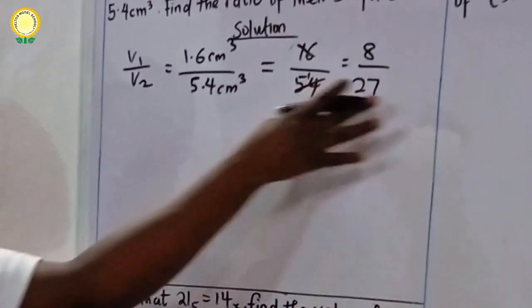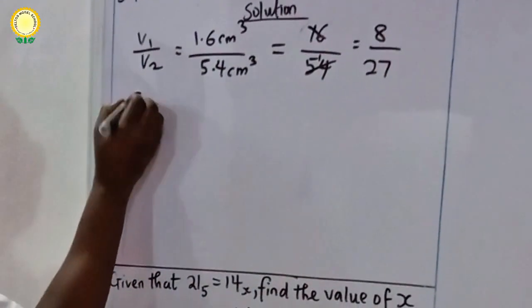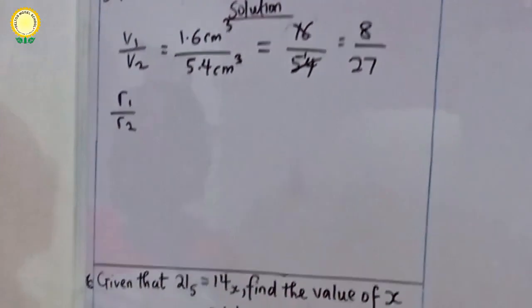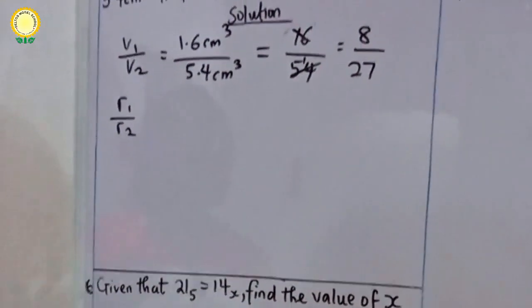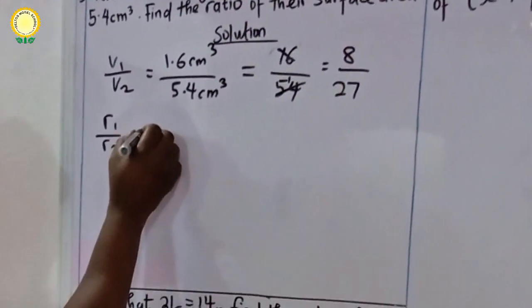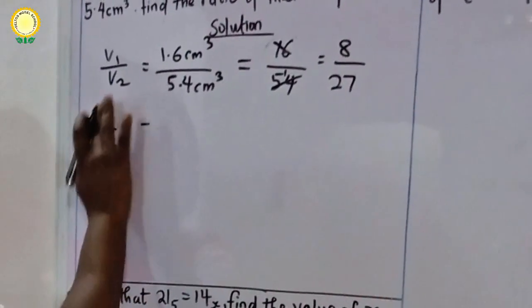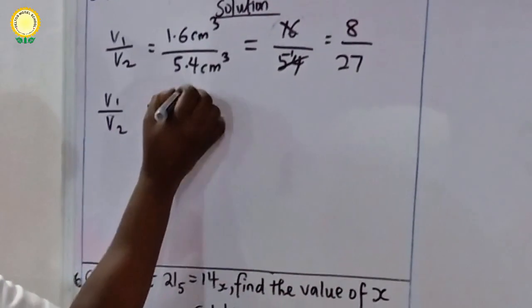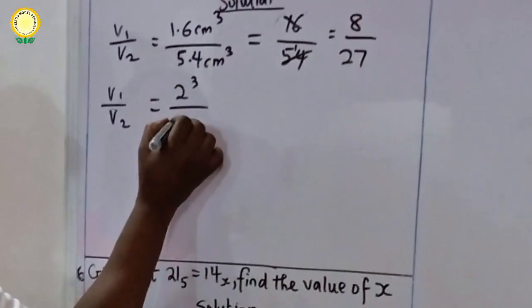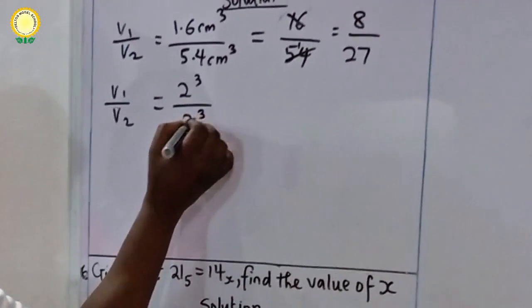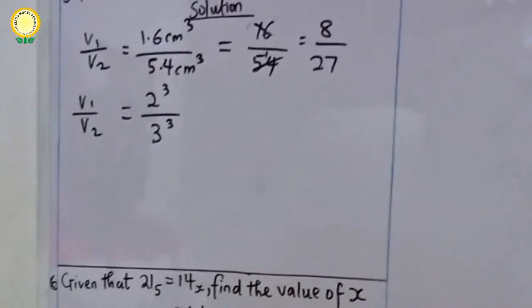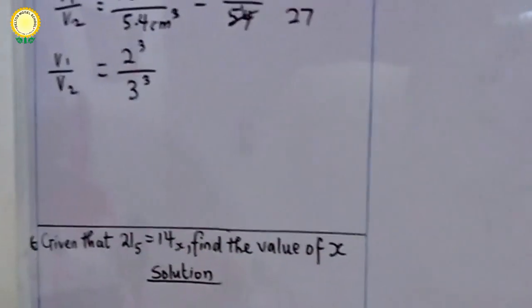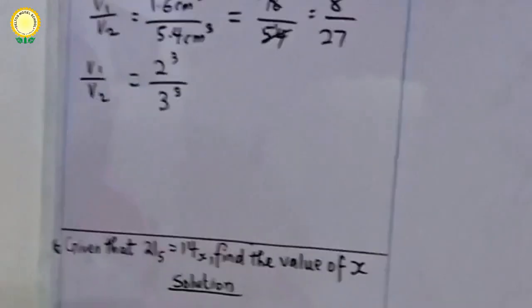Okay, so instead of V1 over V2, we want the ratio to be R1 over R2. How do we do that? We convert this to cubes. So V1 over V2 is equal to 2 raised to power 3 over 3 raised to power 3. 2 raised to power 3, that's 2 times 2 times 2 is 8. 3 times 3 is 9, 9 times 3 is 27.